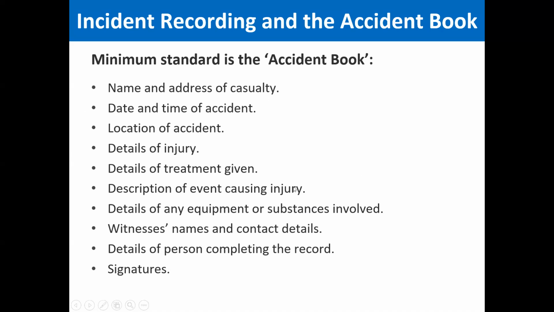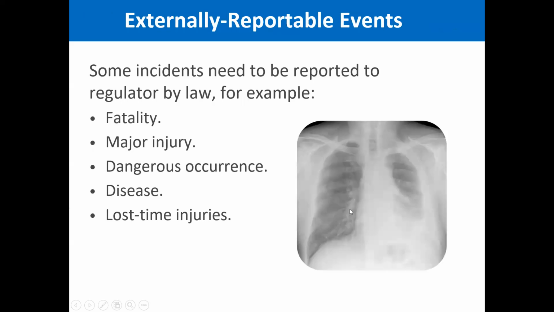So you need to define what actually happened, details of any equipment or substances involved, witnesses' names and contact details, details of the person who is filling in this form, and the signatures of the people filling it.